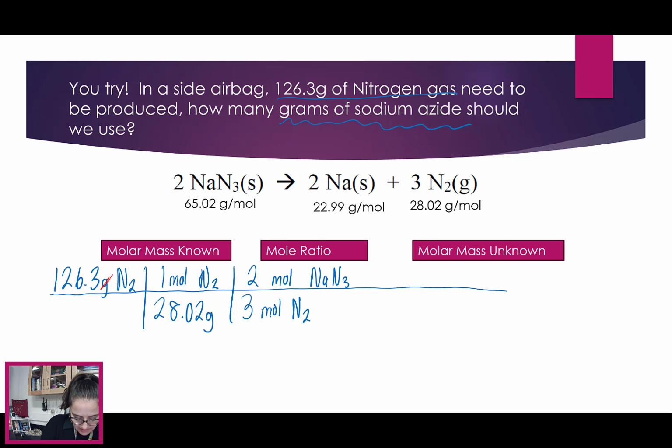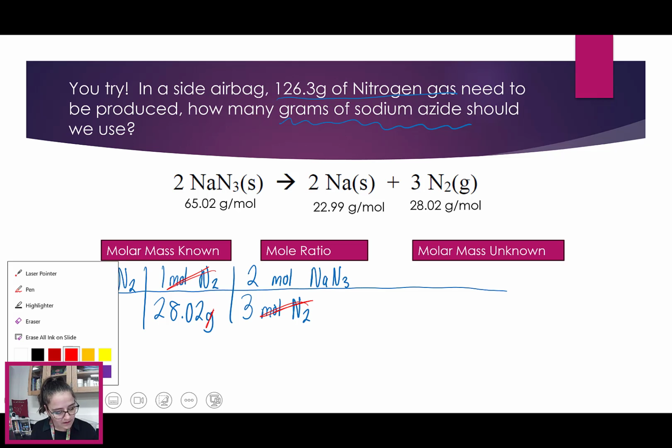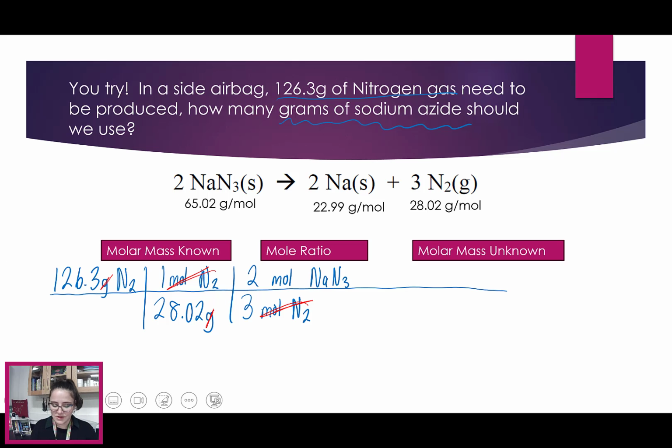The grams of nitrogen gas have canceled out. The moles of nitrogen gas have canceled out. And we're at moles of sodium azide. But we want grams, so last step to go from moles back to grams is that molar mass of our unknown. So we know that 1 mole has a mass of 65.02 grams. 1 mole of NaN3.